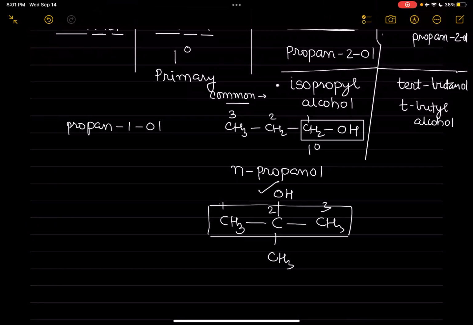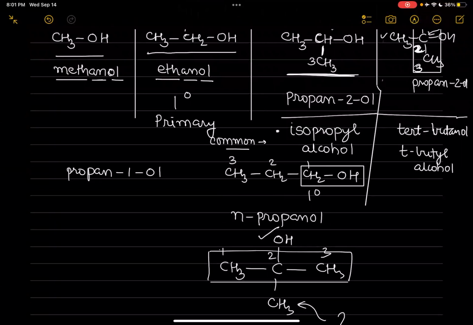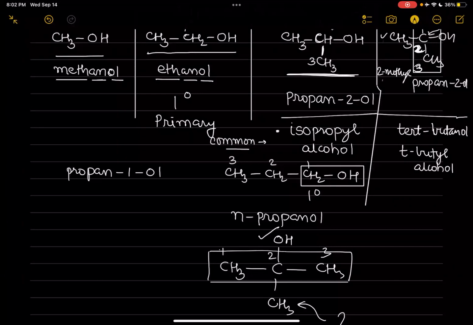But there is one more group at the second position, which is this group, that is methyl. So 2-methylpropan-2-ol. 2-methyl is the side chain. Propane is the main chain, 3 carbon atoms, and 2-ol is the OH group.